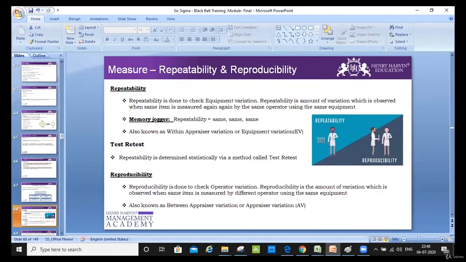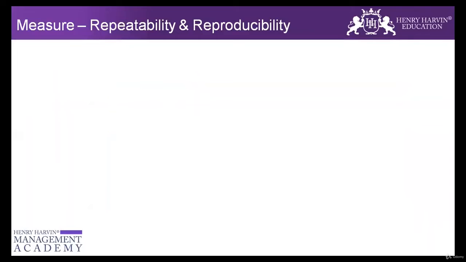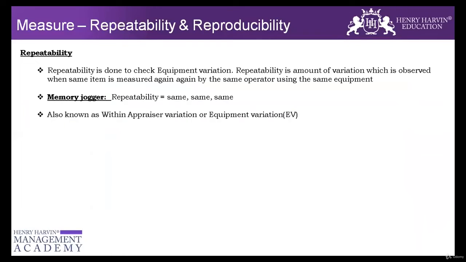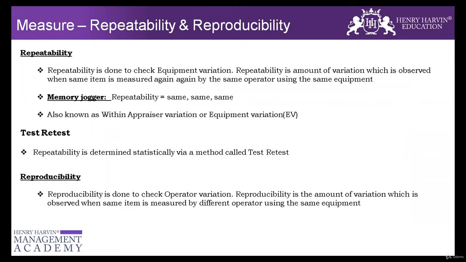The definition talks about the variation observed by the same operator. So as Simarpreet explained, the moment we have more than one operator, it automatically comes into reproducibility.